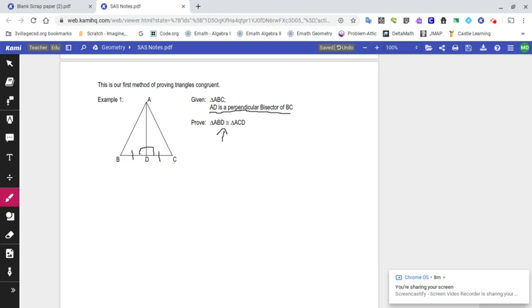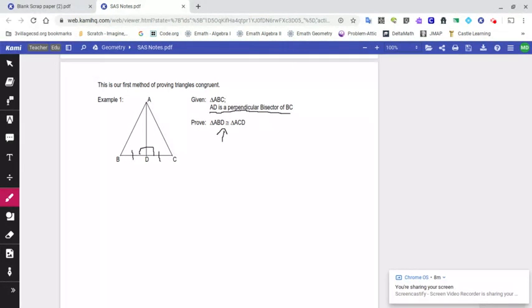So right off the bat, we've got one side of each congruent, and we've got an angle of each congruent. Now if you think back to the postulates that I talked about yesterday on that postulate sheet, the very first one was the reflexive postulate. I said it sounds silly now, but when we start to use it, it won't seem so silly. The reflexive postulate said a quantity is equal to itself.